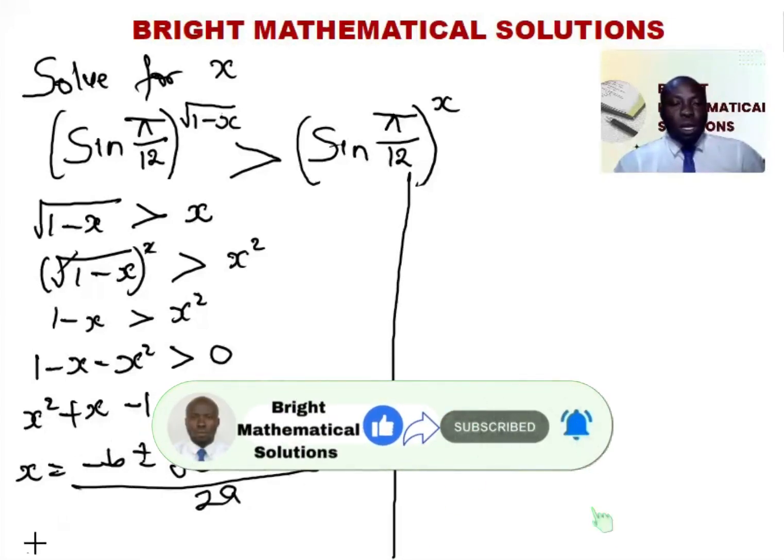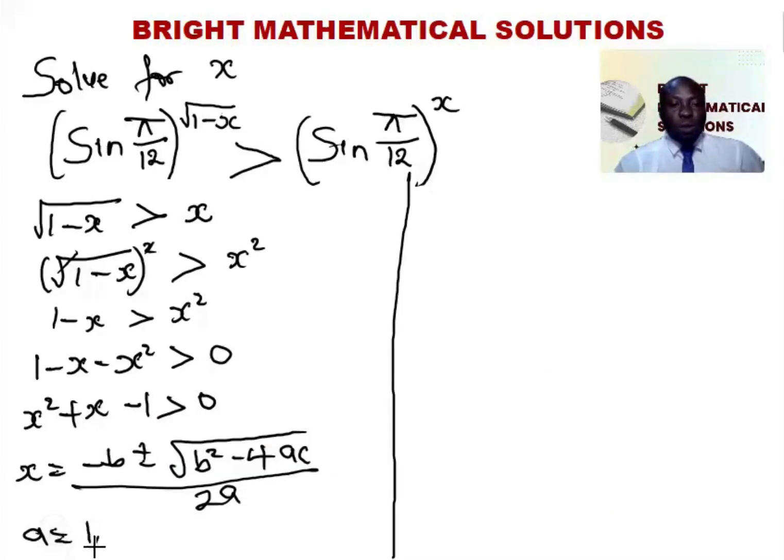Now from our quadratic equation, a equals 1, b equals 1, c equals minus 1. A is the coefficient of x squared, b is the coefficient of x, and c is the constant of the equation. Now let us substitute.